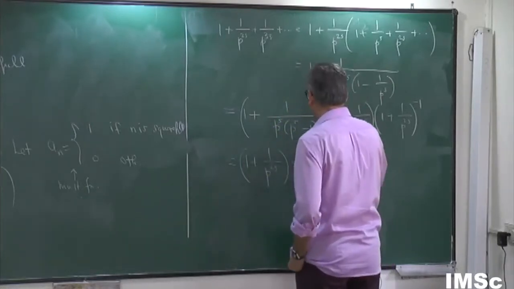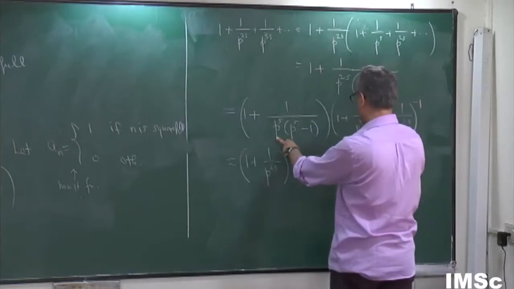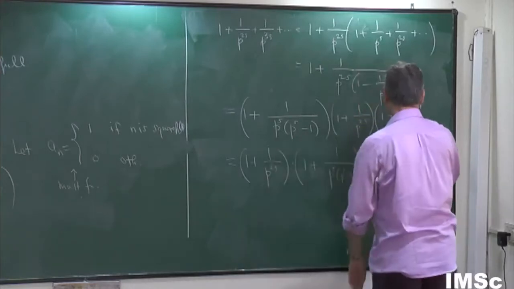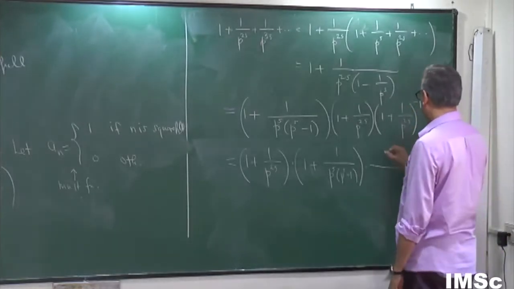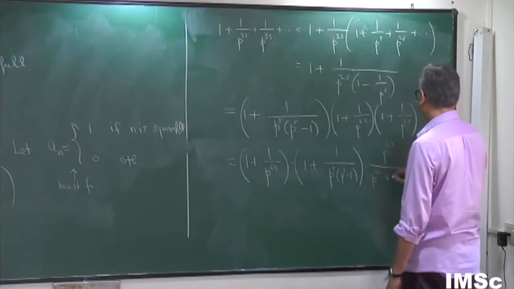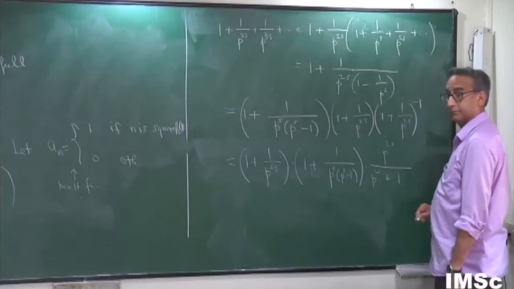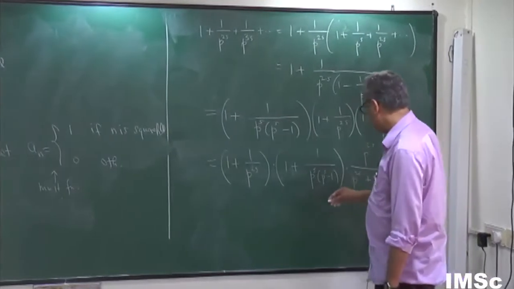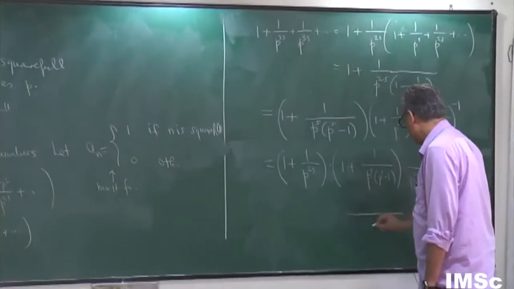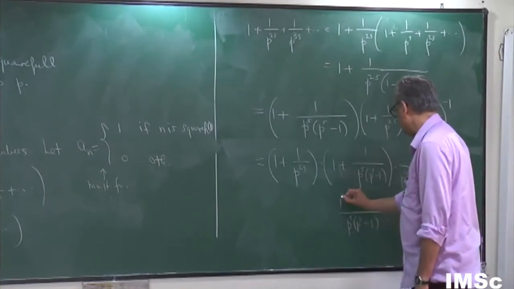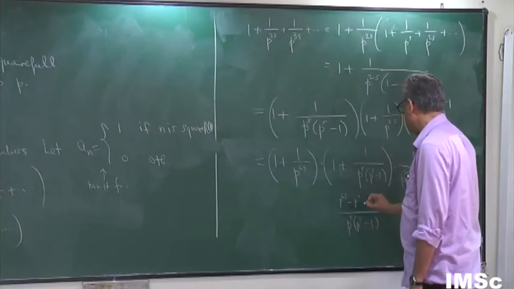And try to understand what these Euler factors look like. So it's 1 plus 1 over p to the s, p to the s minus 1, times this one, which is p to the 2s over p to the 2s plus 1, inverse. So you get something like that. Let's try to simplify this a little bit. This is going to be p to the s, p to the s minus 1. So that's p to the 2s minus p to the s plus 1.